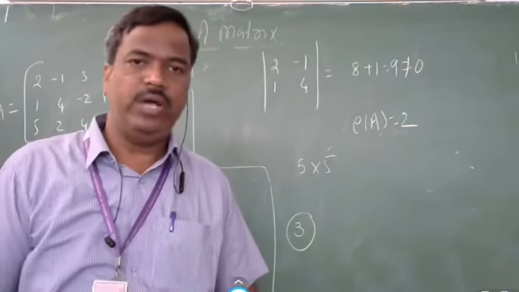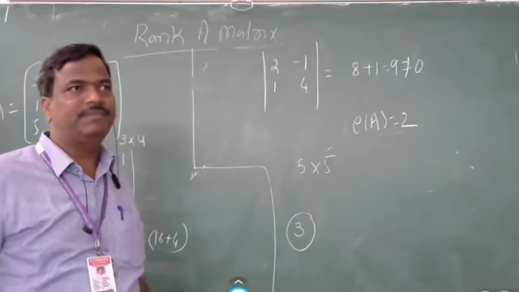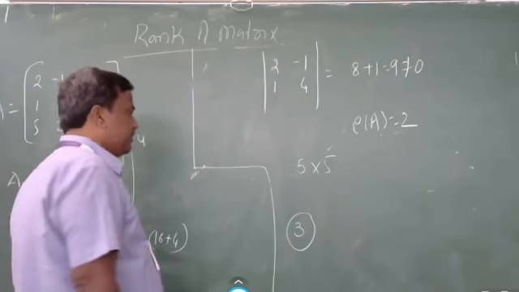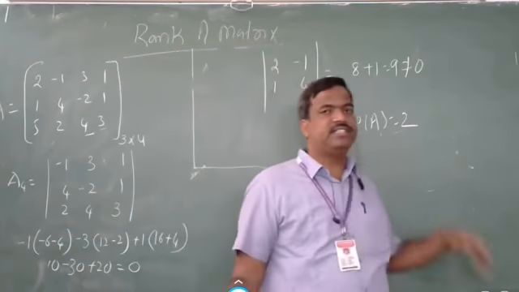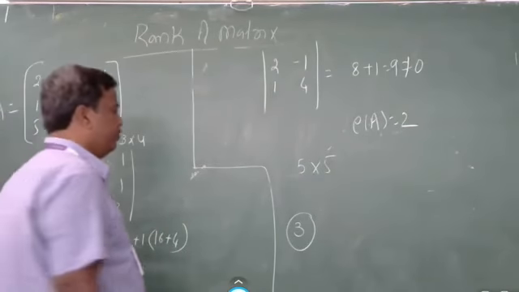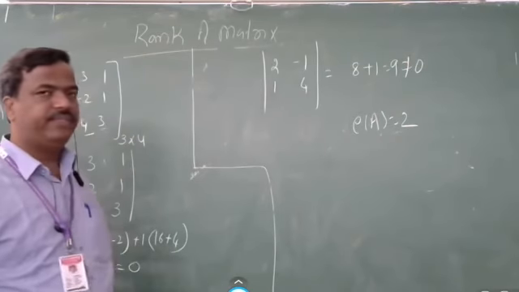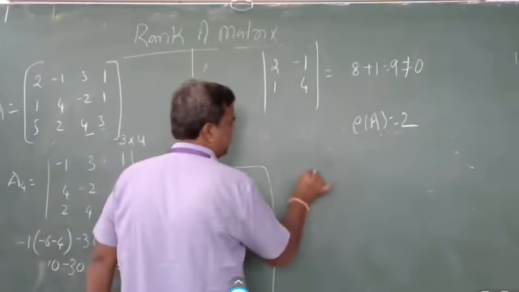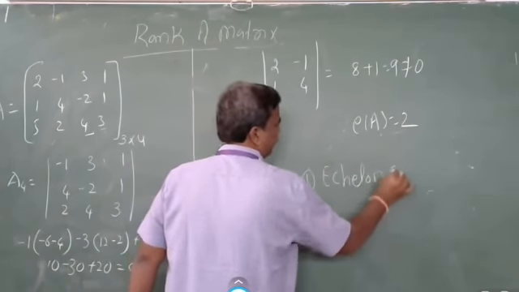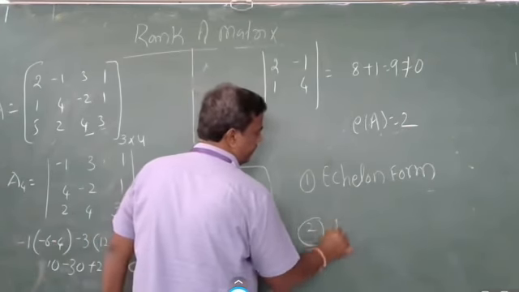We have a possibility to find the determinant, but it is a lengthy process. So for that, we are not using this conventional method. To find the rank of matrix of any order, we have two methods: echelon form, and second one is normal form.